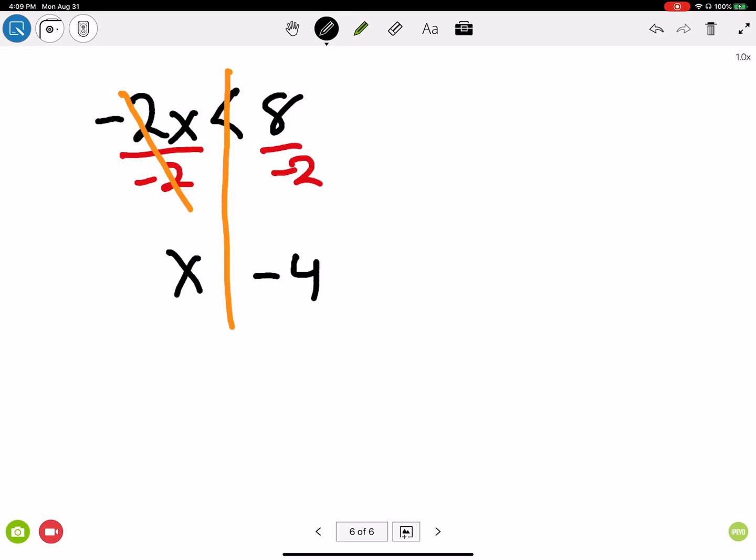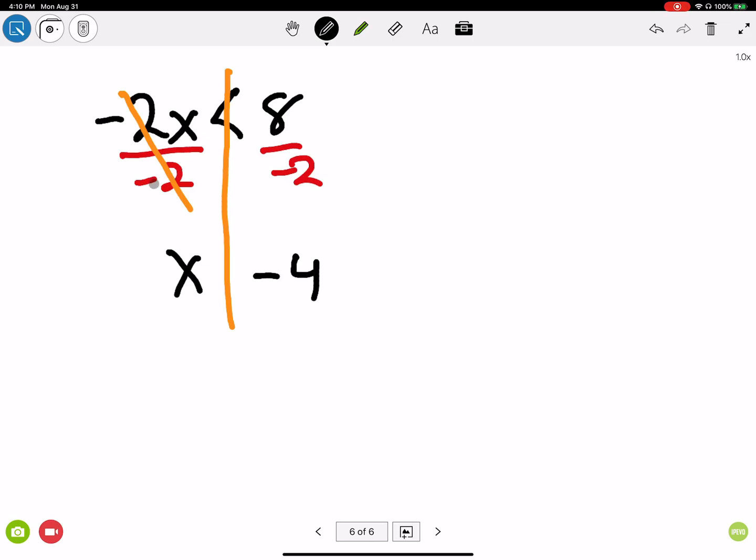But remember, we didn't divide by 2. We divided by the opposite of 2, which is negative 2. And since we divided by the opposite of 2, what have I not placed into my inequality yet? The inequality symbol. Well, earlier, it said negative 2x is less than 8.